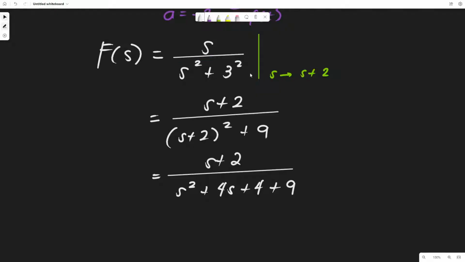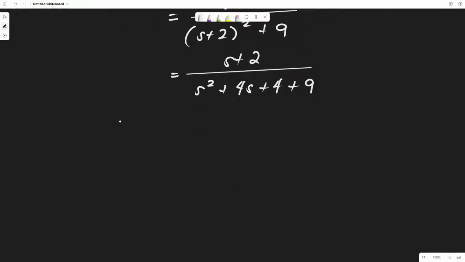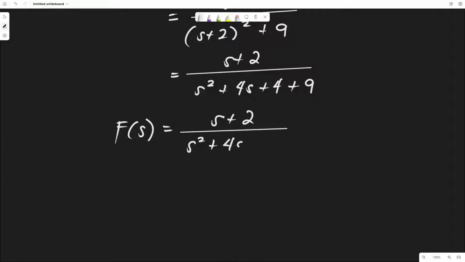So our final answer, the Laplace transform of the given time domain function, is s plus 2 over s squared plus 4s plus 13. Okay? So that's how we do the Laplace transform using frequency shift.